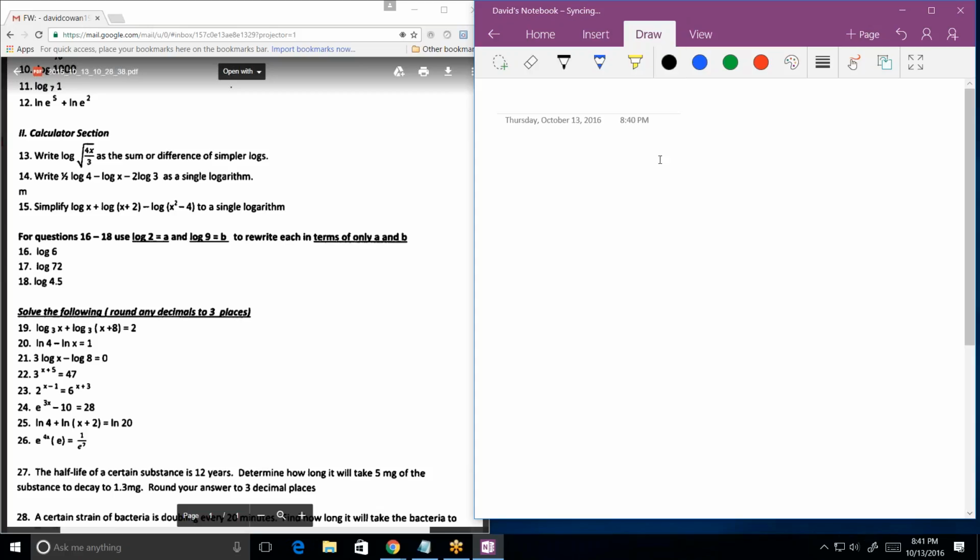I need to push that squiggly mark. Some of these programs are ridiculously user non-friendly. I guess I've got to push that every time.